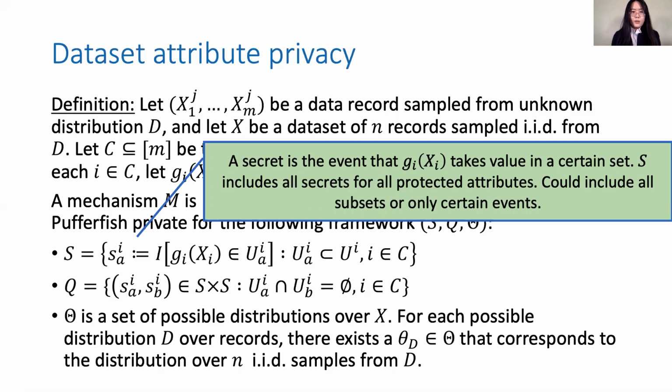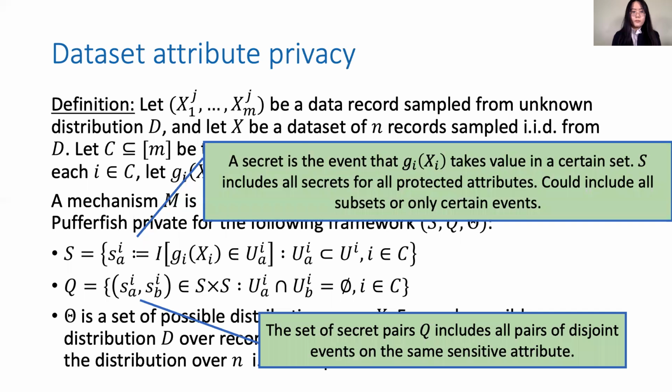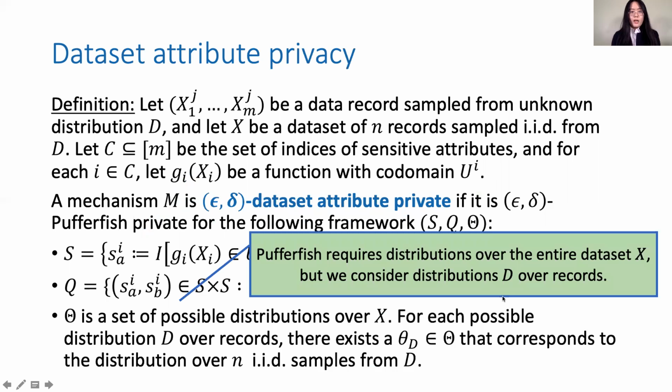This S includes all secrets for all protected attributes, and it includes all subsets or only certain events. And Q is a set of secret pairs. It includes all pairs of disjoint events on the same sensitive attribute.